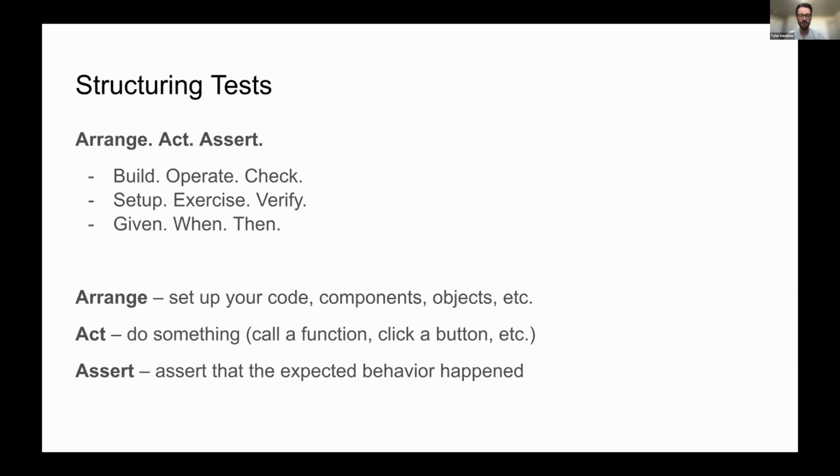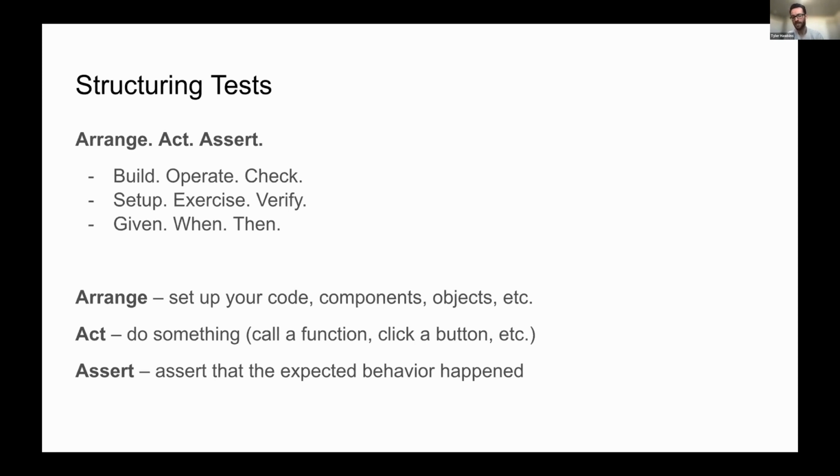And so in those three phases of the test, arrange, act, and assert, during the arrange phase, we set up our code, our components, our objects. We set up those test fixtures needed to run the test, right? Then we act. We do something. So we call a function.